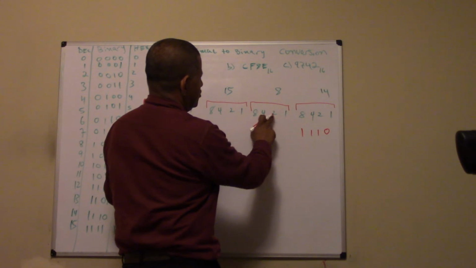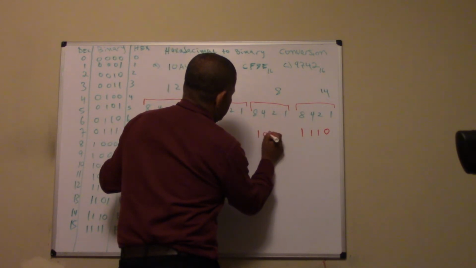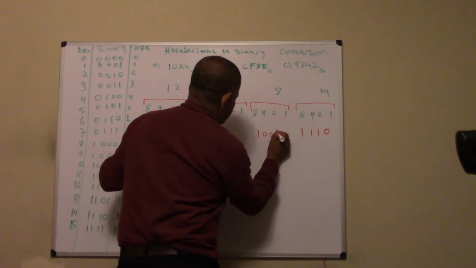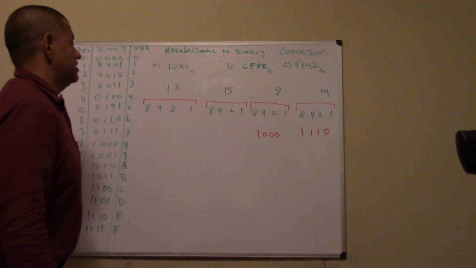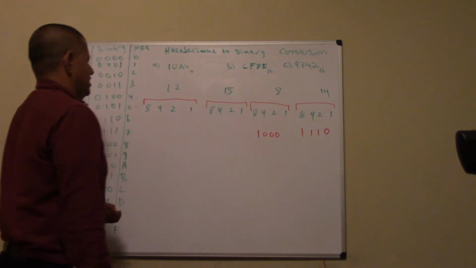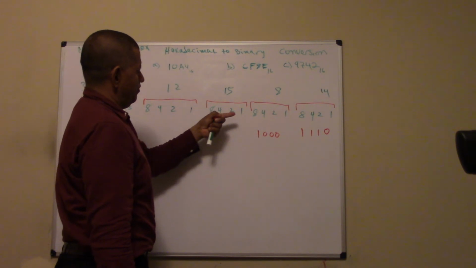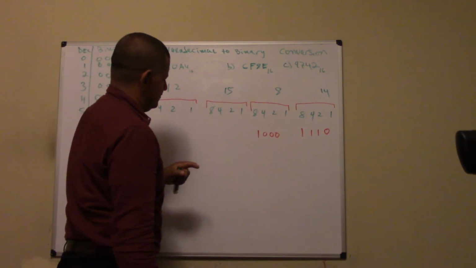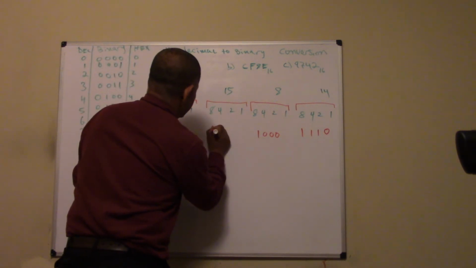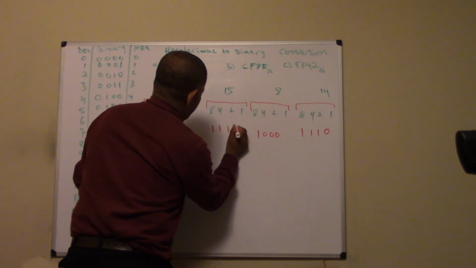This 4, 2, and 1 need to be off, so 1, 0, 0, 0. How do I get 15 here? Well, 8 plus 4 plus 2 is 14, plus 1 is 15, so they all need to be on. So that's why it's 1, 1, 1, 1.